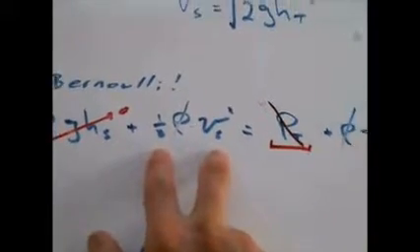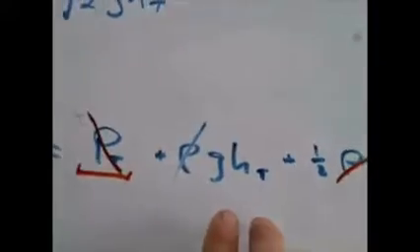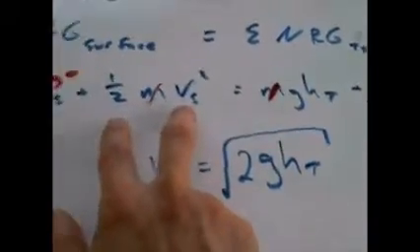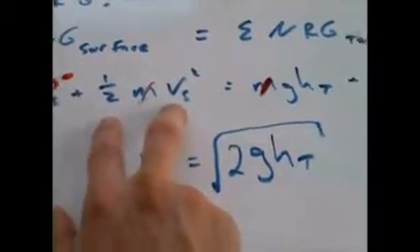What you'll notice is 1/2 V at the surface squared is the same as GH at the top, which is exactly what we were left with up here. So again, Bernoulli would absolutely agree with the energy. It's the exact same formula.